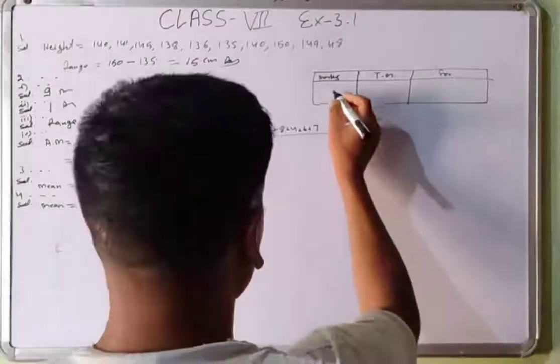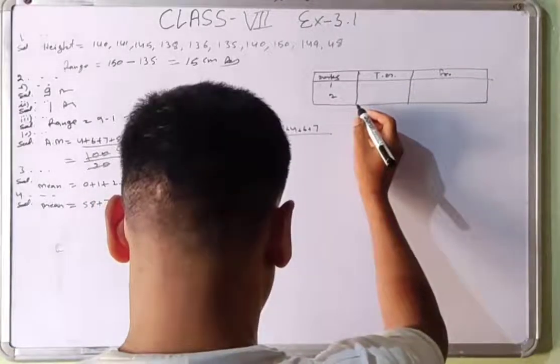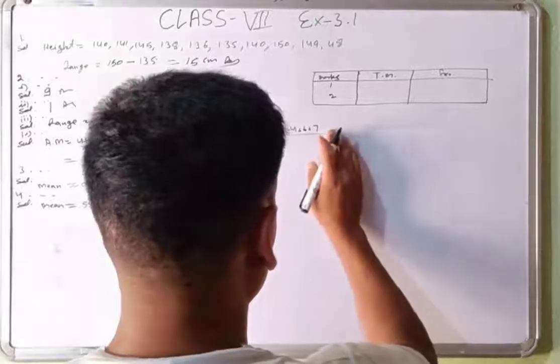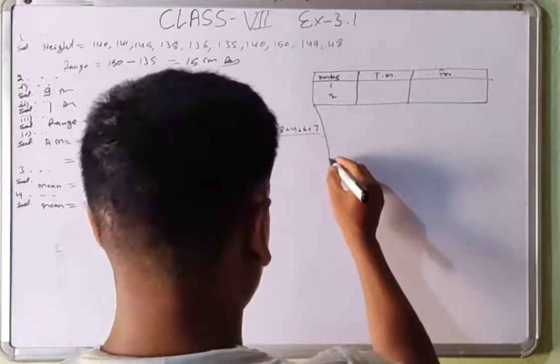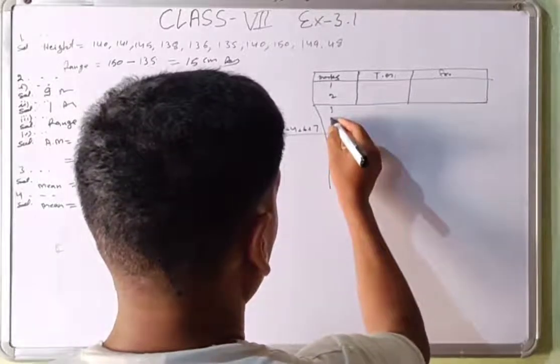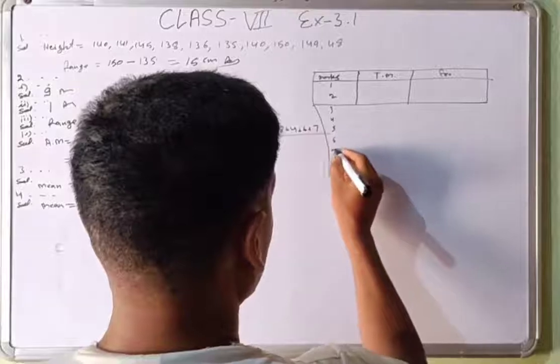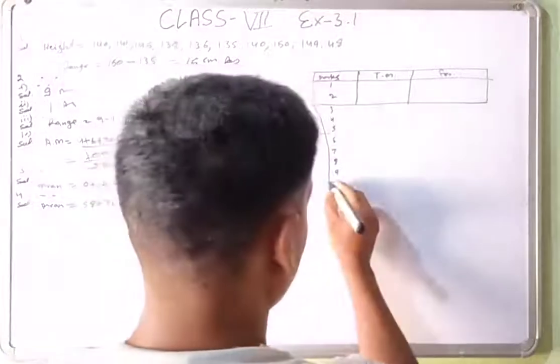And then 1, 2, 3, 4, 5, 6, 7, 8, 9, right?